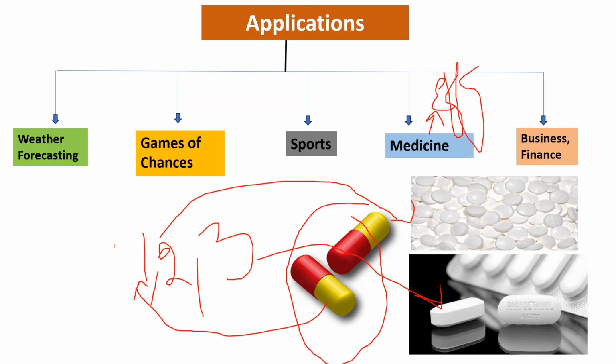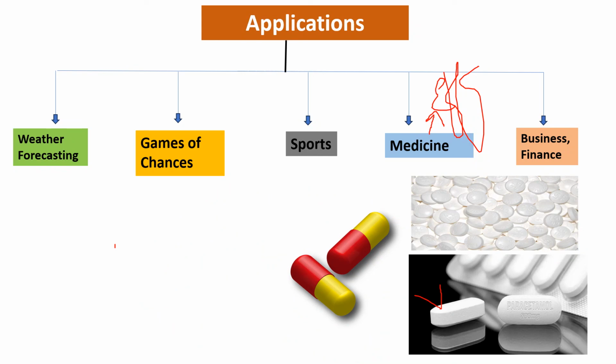And the last one is business and finance. In business, we need to invest our money and time, right? When you are investing your money in a product, you want to know the market trends.